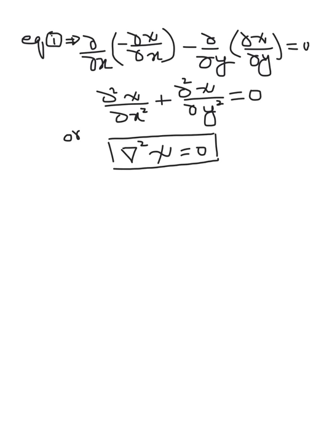So here is another mathematical identity that I have obtained after substituting the components of velocity in the vorticity equation. This equation is commonly known as the Laplace equation, which has been defined for an incompressible and irrotational flow.